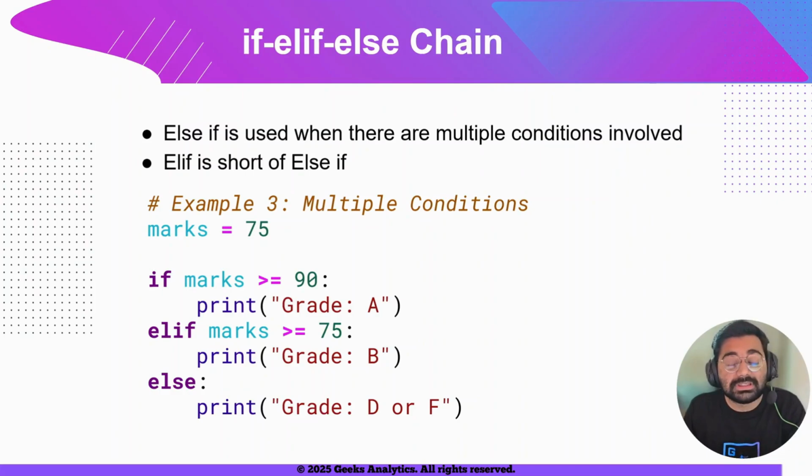So when you have multiple conditions, each with a different workflow in the code, we have elif statements. elif is a shorter version of else if. If the first if condition is true, then the rest are skipped. But if the if condition is not true, it will check each elif in a sequential manner. And if all those conditions are also not true, then finally the else statement will be executed, if it exists. So that is how this works.